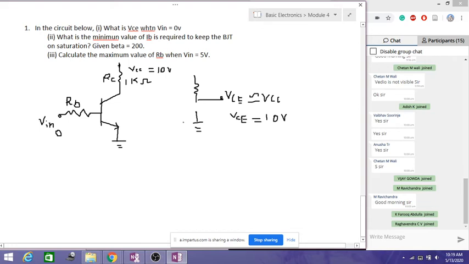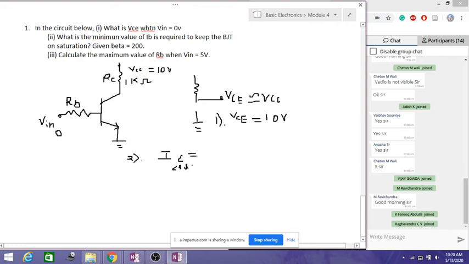So what is the next example here? What is the minimum value of IB required to keep the BJT in saturation when the beta is equal to 200? So for this case, first we will calculate the IC saturation for the second case. So IC is given by IC saturation.